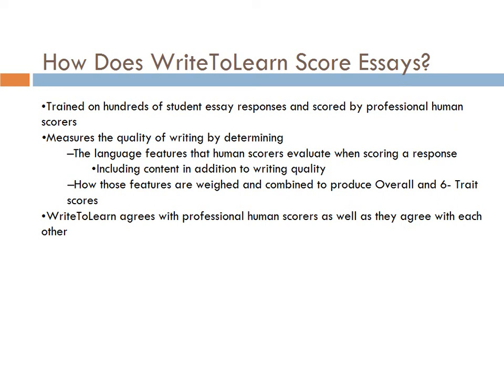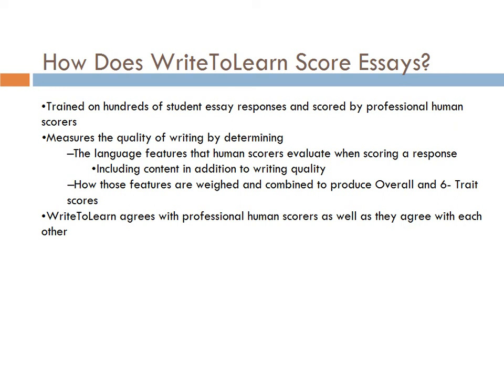Now keep in mind that they are also looking at the content of the student's writing, and therefore WriteToLearn can make judgments about whether the student is on or off topic. So there is another real value to using human scores to build out a scoring model. When people say to me, how can a computer score like a teacher, the first thing I tell them is that it's actually built by humans who are scoring.